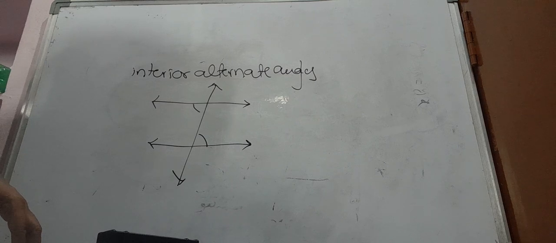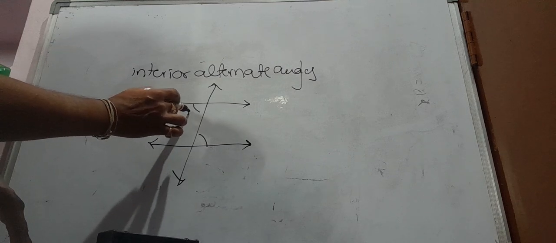We can say they are on either side of the transversal. They are called interior alternate angles. So when a transversal cuts two parallel lines, the interior alternate angles are equal.